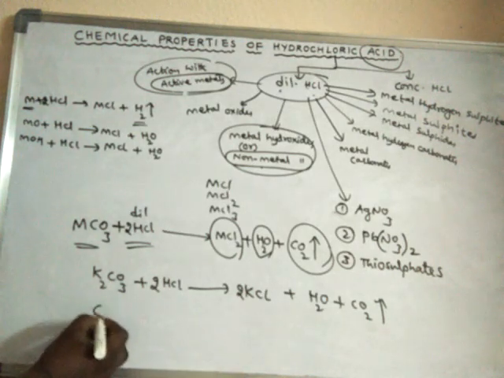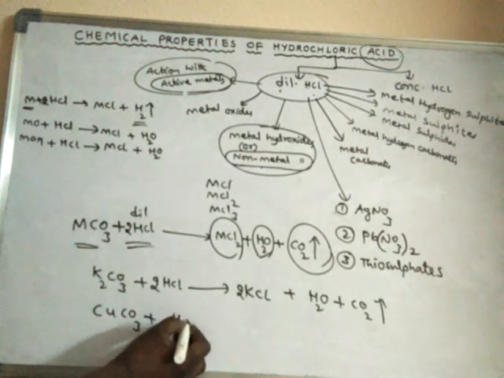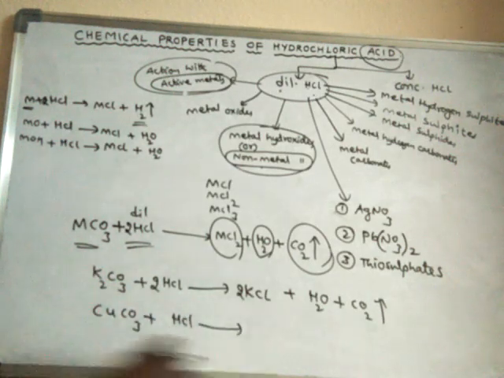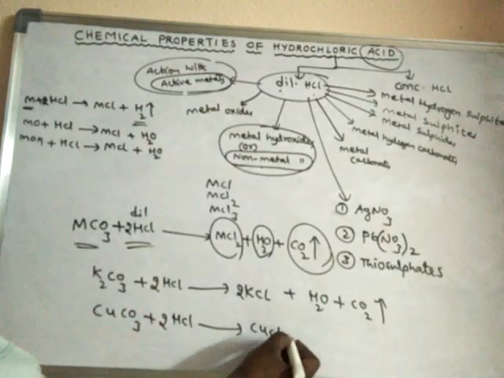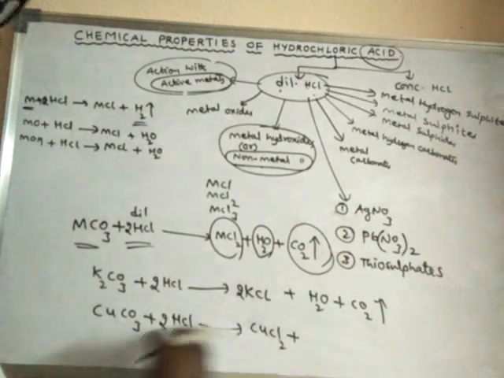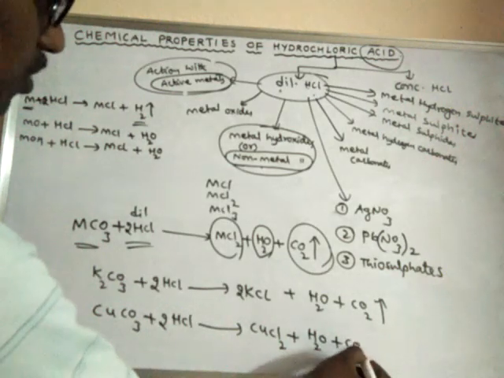If you take another example, copper carbonate with HCl will form copper chloride CuCl2 plus H2O plus CO2.